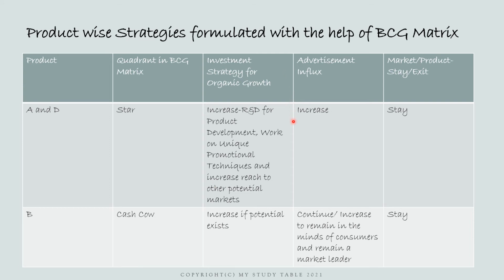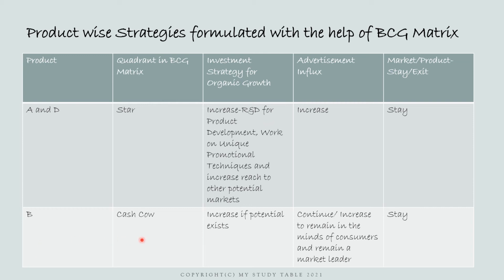Advertisement influx, a possible increase in the same to retain themselves in the minds of the consumer, as well as to reach out to new customers and consumers. Market strategy here would be to stay in the same market with the same product portfolio and work further on the R&D to come out with newer variants of the portfolio.